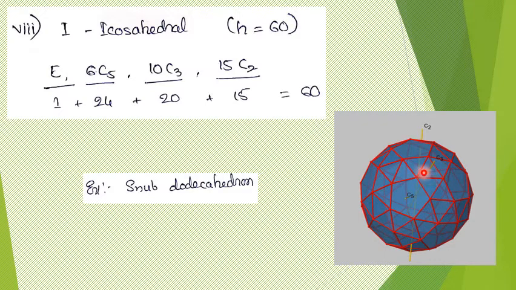The triangle which is surrounded by 3 more triangles, from the center of that triangle we can have a C3. In the opposite direction also, similarly, it should pass through the center of a triangle which is surrounded by 3 more triangles. All these things you please verify. So 10 such C3s can be identified in this case, and 15 C2s are possible. One such C2 has been indicated here.